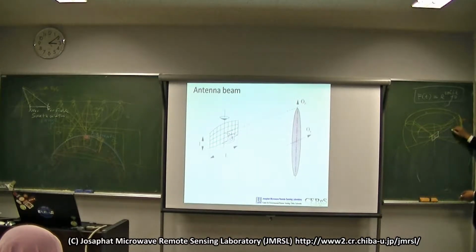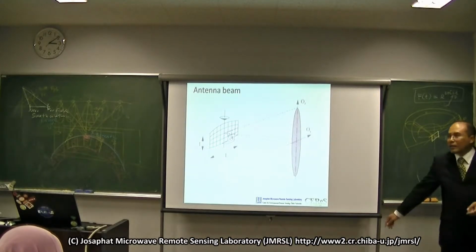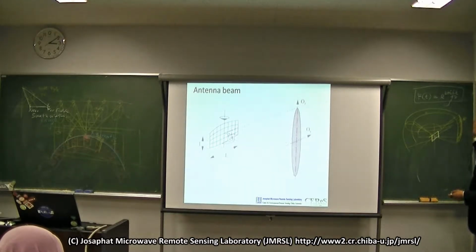So if the airplane is here, why is the shape like this? It is because we want to monitor with this block.